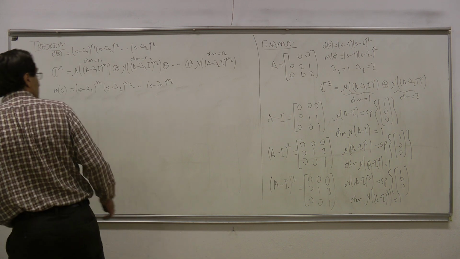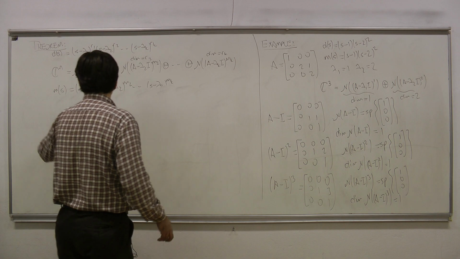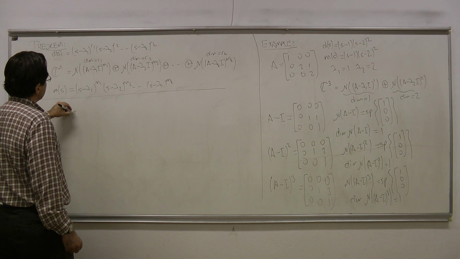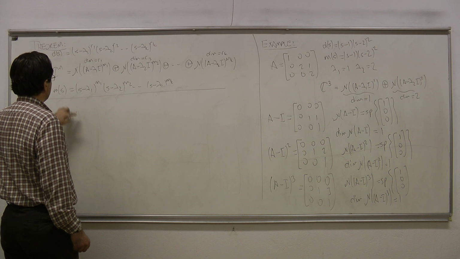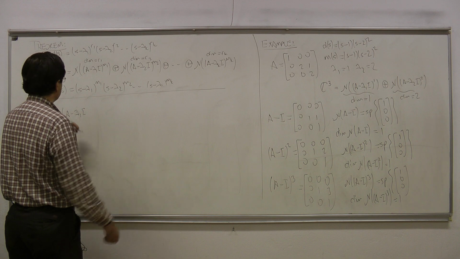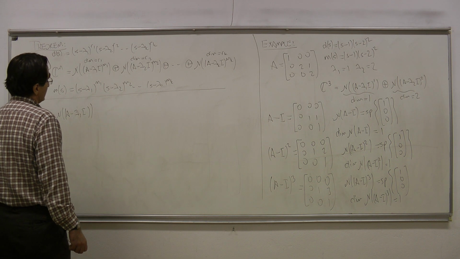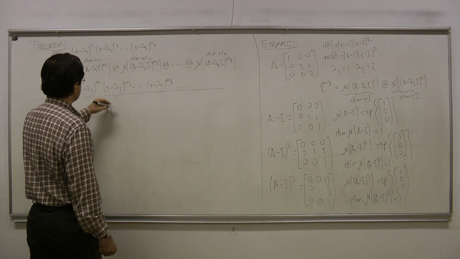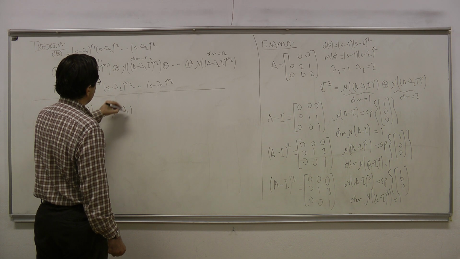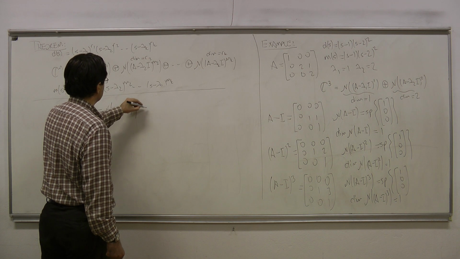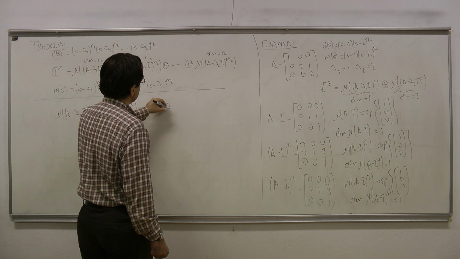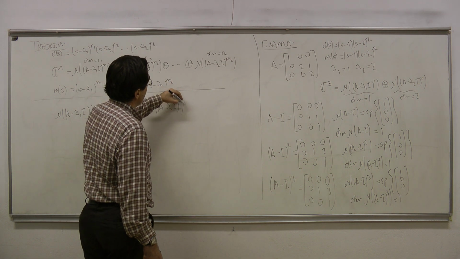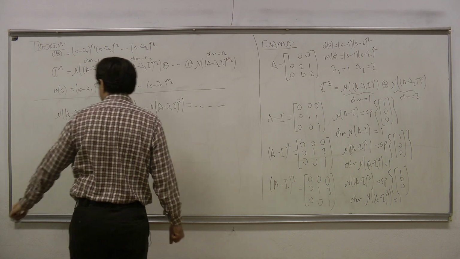So when I look at these null spaces, I have the null space of A - λ₁I, since λ₁ is 1, I can still use this. Then when I take the square of this matrix, the null space does not change: the null space of (A - λ₁I)², the null space of (A - λ₁I)³, that is (A - I)³, and the equalities would continue forever.